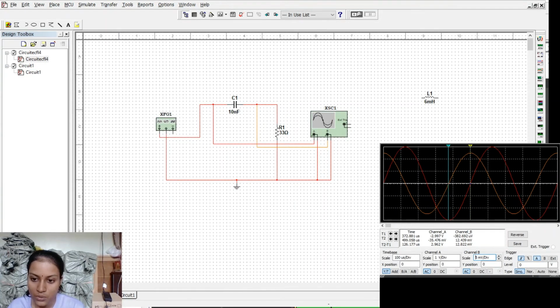So we can see that channel B, which is V out, leads V in, channel A, by 90.68 degrees.